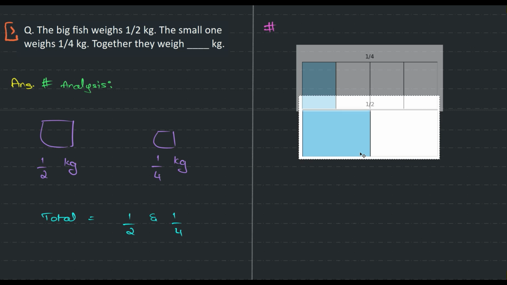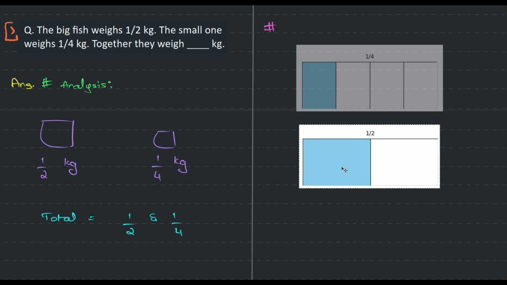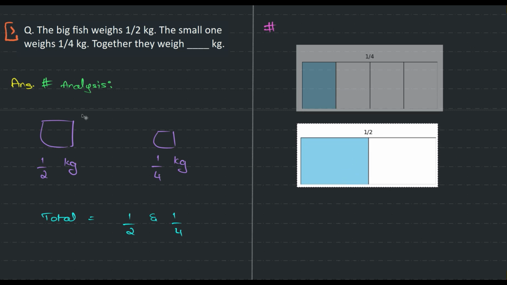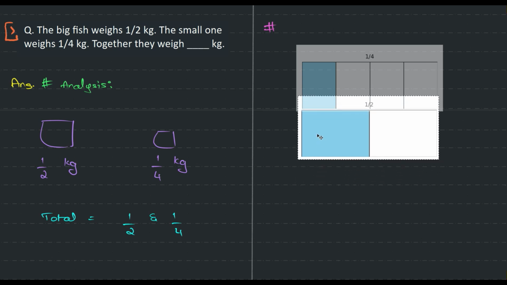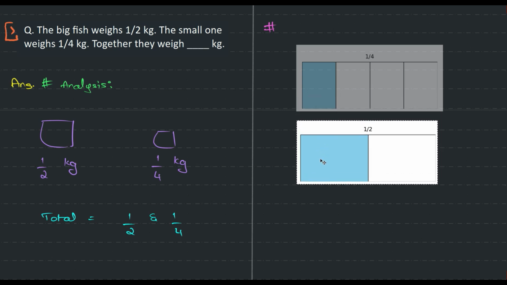Or let me keep it close, something like this. So what I'm trying to show here is, if I draw a straight line over here and over here, they are overlapping. Do you guys agree?